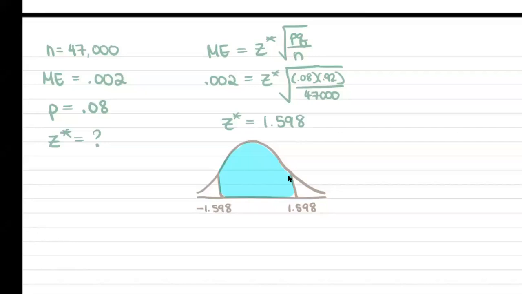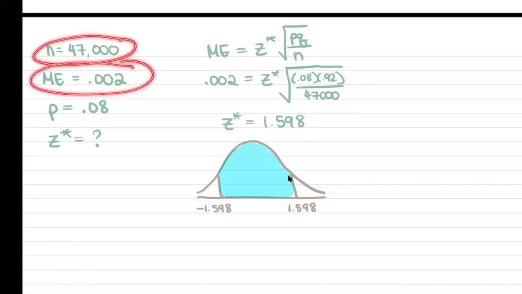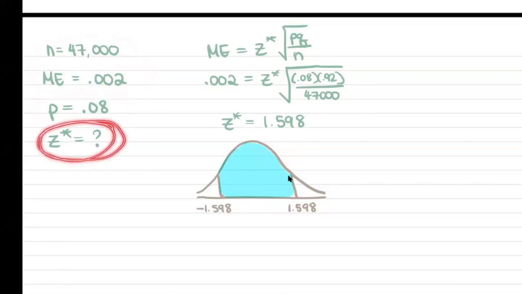All right, for number 3, this is what I did. They give you the sample size, the margin of error, and the rate, and you're looking for the confidence level. I know the confidence level is linked to Z star, so that's what I'm looking for. Using my margin of error formula, I plug in everything and leave Z star to be solved for.